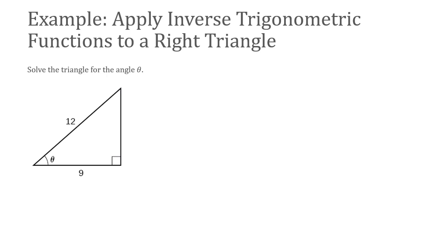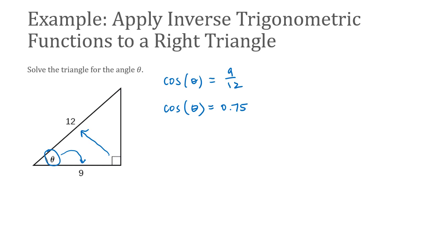In relation to theta, the side of 9 is adjacent and the side of 12 is the hypotenuse. So I'm going to use the ratio of cosine. Cosine of theta is equal to 9 over 12. I could reduce that to 3/4, or I'll just call it 0.75.